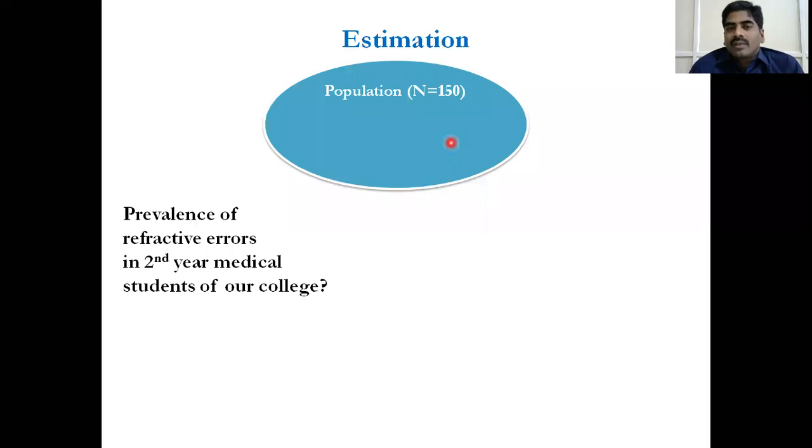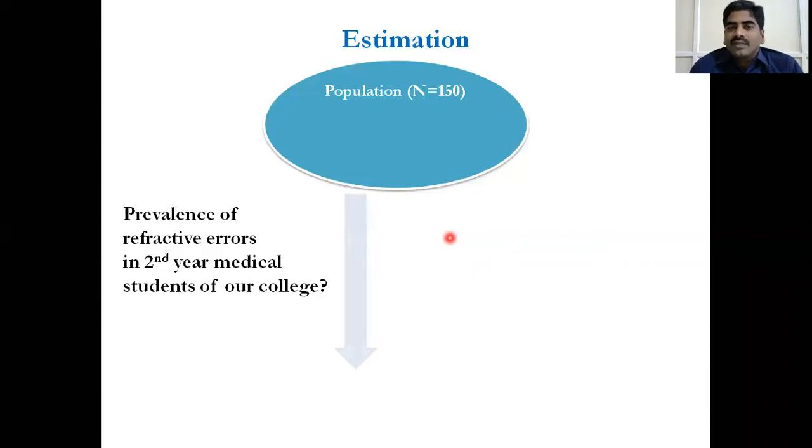If you calculate the same mean in the sample, you represent it with a small x bar. Mean, standard deviation, all these things, if you calculate for the population, that is called a parameter. If you calculate mean, standard deviation, etc. for the sample, that is called a statistic.